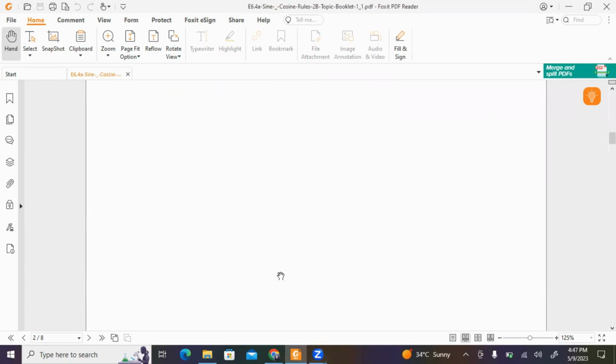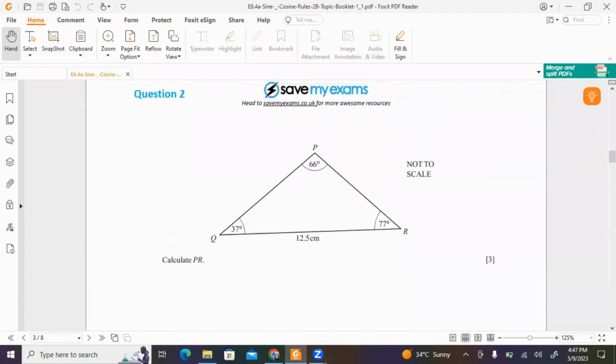And if we go to the next question, it says calculate PR. Basically, this is our answer. If you look at the information given, we have all three angles and we have the length of p. We have to find q.